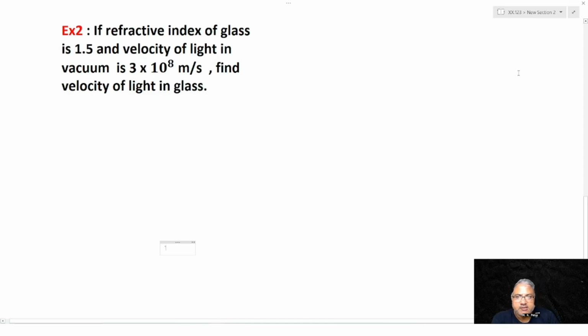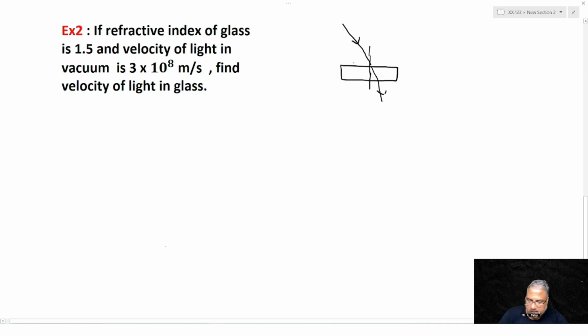If the refractive index of glass is 1.5 and the velocity of light in vacuum is 3 into 10 raised to 8 meter per second, find the velocity of light in glass. So first of all, what do you do? You frame the rough diagram. This is the given glass and the light is traveling, and when the light travels from one medium to another medium, the speed of light changes.